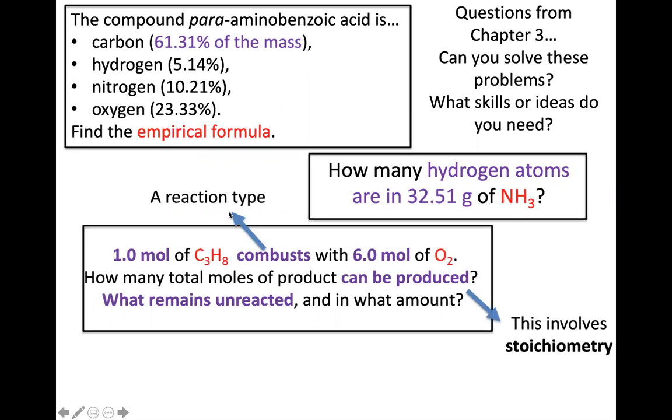That's a reaction type that we're going to look at tonight. This idea of having a reaction and asking how much of something can be produced or what remains unreacted is involved in the topic of stoichiometry, really an important idea in chapter 3. Also the symbolism here of mol for a mole. All new ideas that we're going to begin to explore tonight.